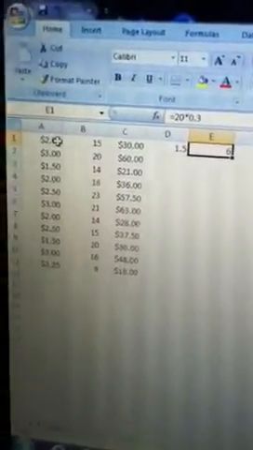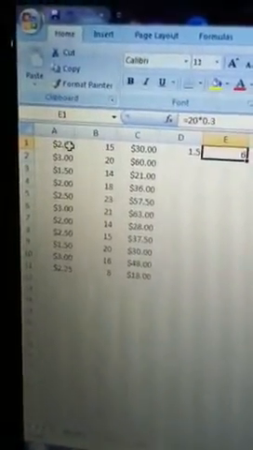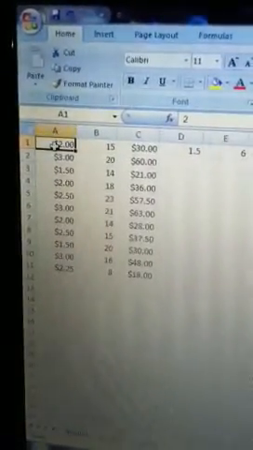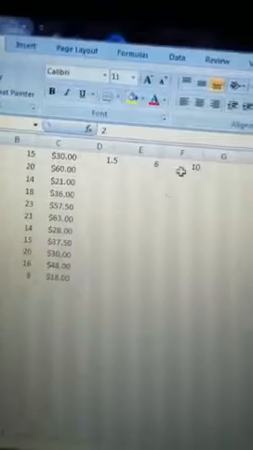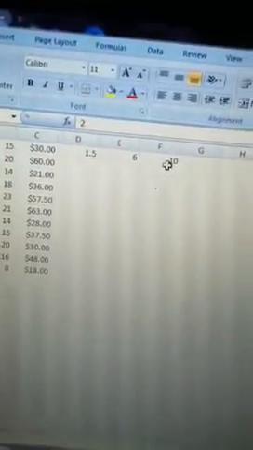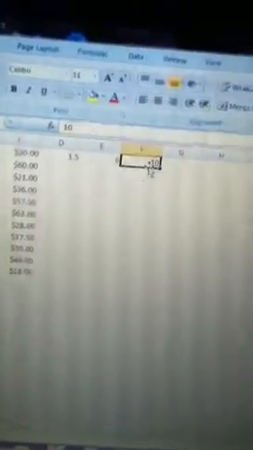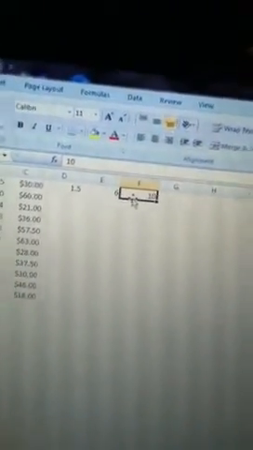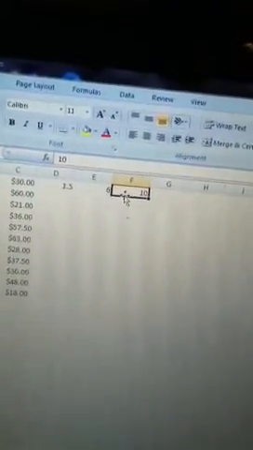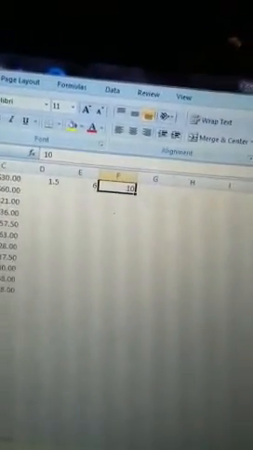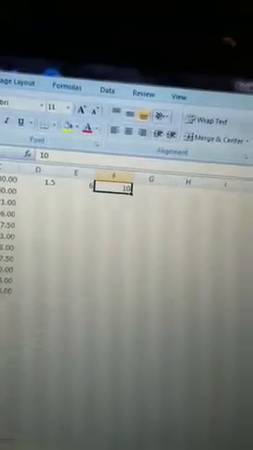What did I do? I took the price per slice and I multiplied it by how many slices per pie. That will give me the total amount for an individual pie. Because I have 10 slices for one pie times 2, that's 20.